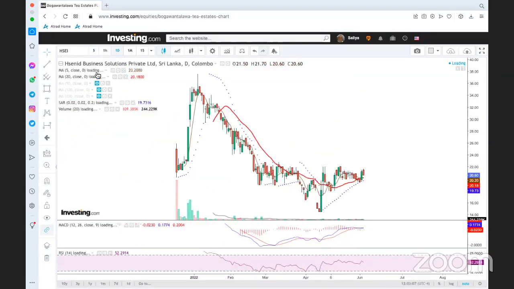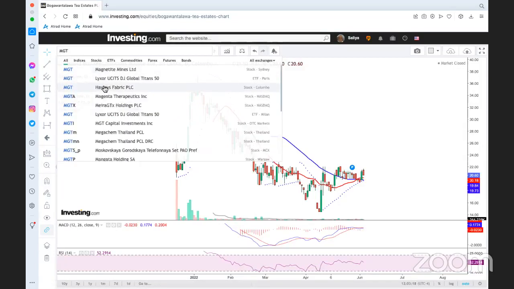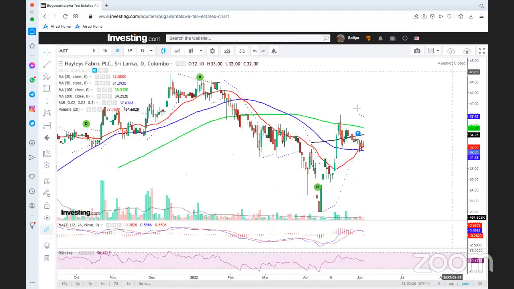We'll come to MGT. Right? Here also, it has gone up and tested all the 4-time moving averages and has thrown back, taking support at the 50 and 20-day moving averages.